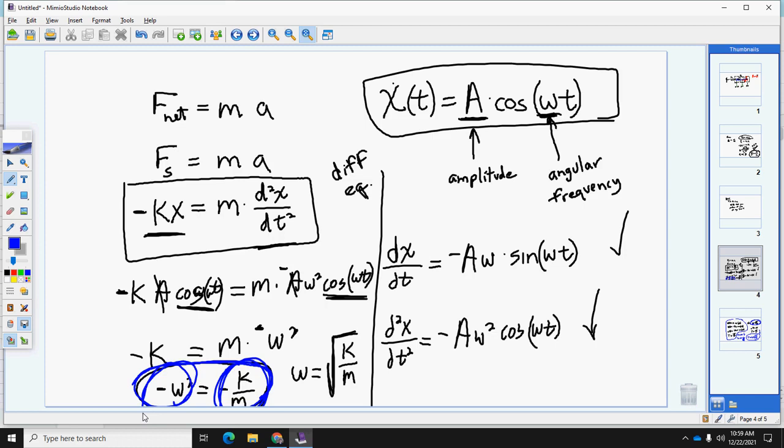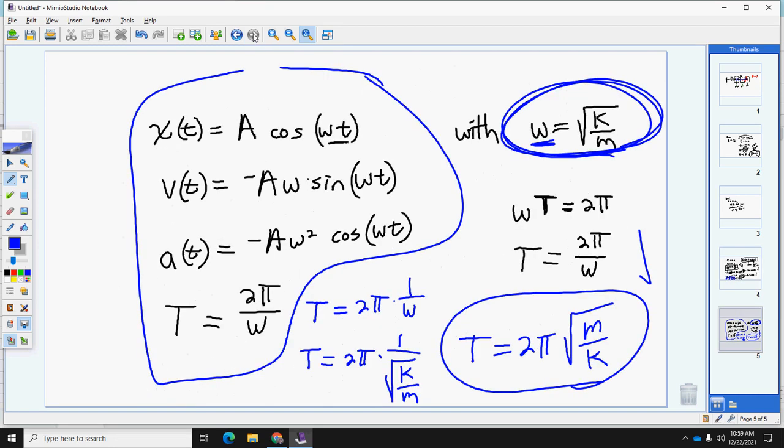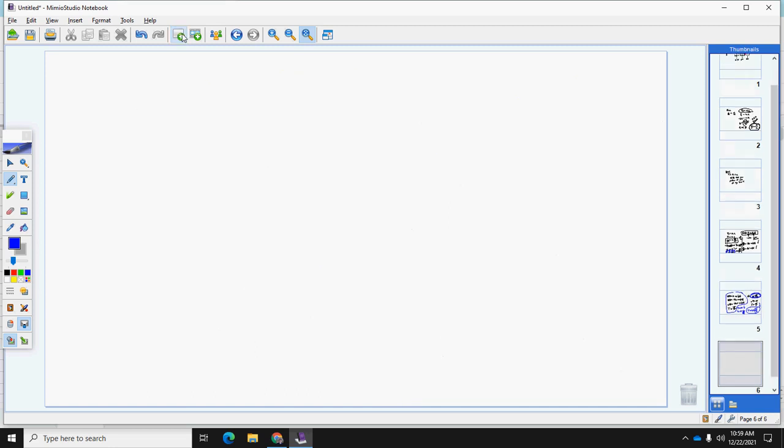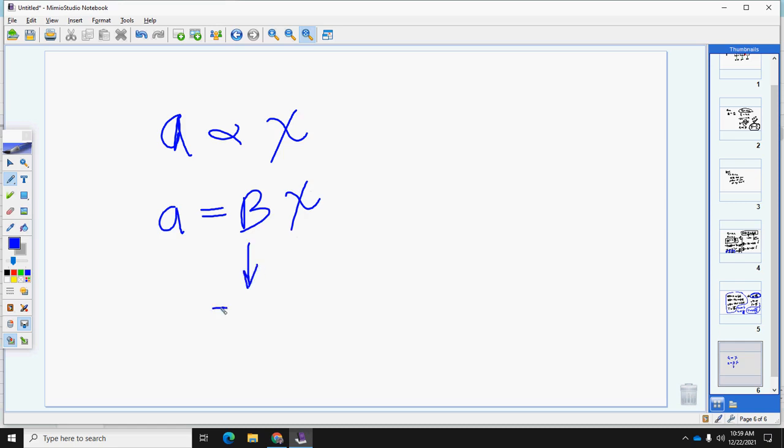So here's the name of the game, people. We have all these formulas, and all we need to do is find omega for the particular setup, yes? How do we find omega? We first show that the acceleration is directly proportional to x. We find the proportionality constant, capital B, but that capital B right there is always equal to negative omega squared. Initially, we found capital B equal to negative k over m.